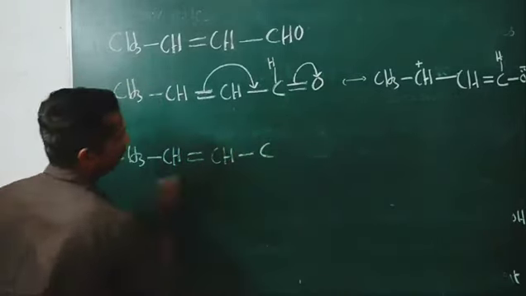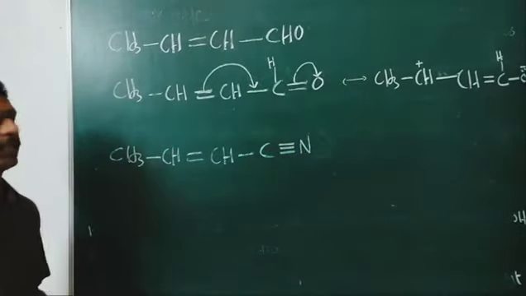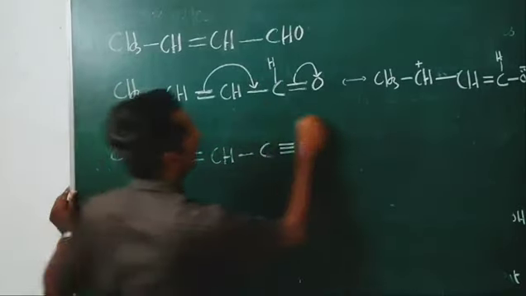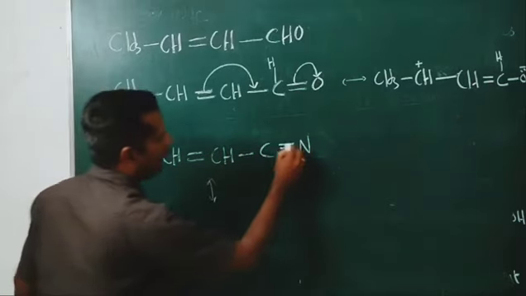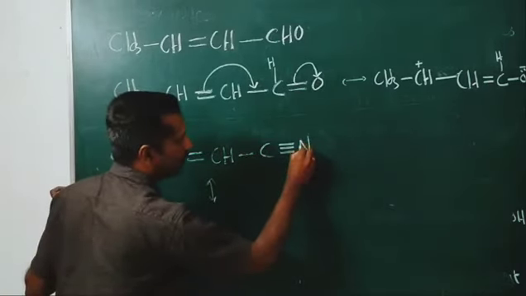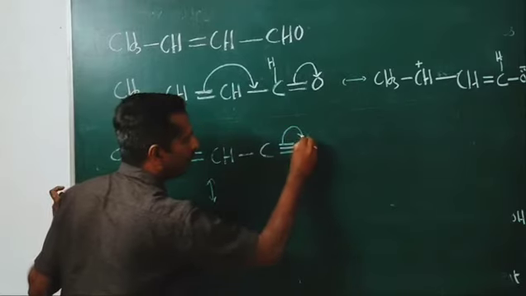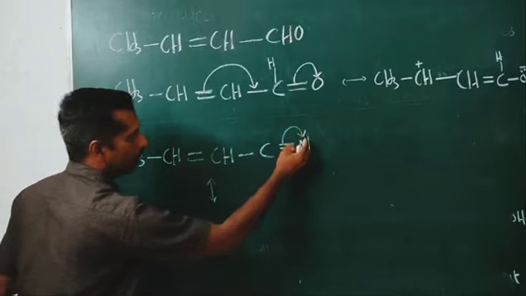CN means C triple bond N. In this case, what is happening? Look at here. Again, this nitrogen is more electronegative. It will attract this pi electron towards it. This pair of electrons, this pi electron, will be shifted to nitrogen.